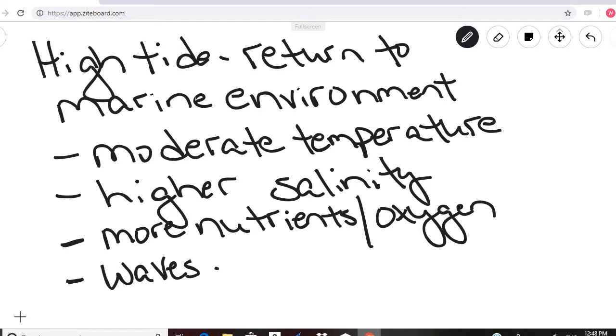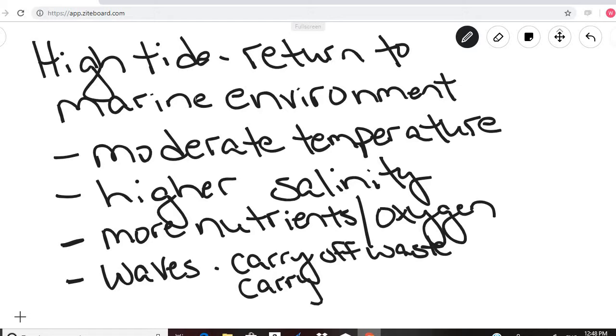So the waves can also be a positive thing, because they carry off waste, and the waves also carry in nutrients to the organisms that are living in this intertidal area.